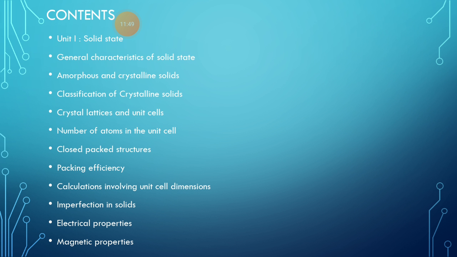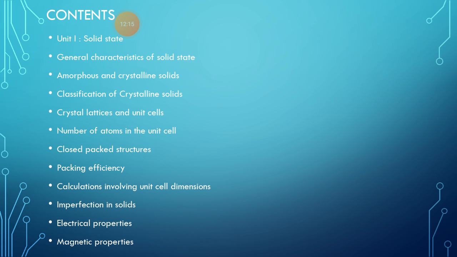The characteristics of liquids and gases we completed in the PUC first year, in the topic called states of matter. In that topic we discussed gas and liquid, and in the PUC second year we are going to discuss solid, the third state of matter. So general properties of solids we are going to discuss.